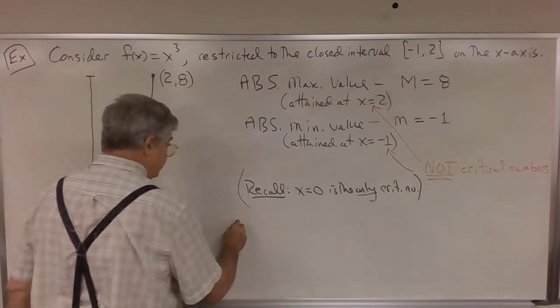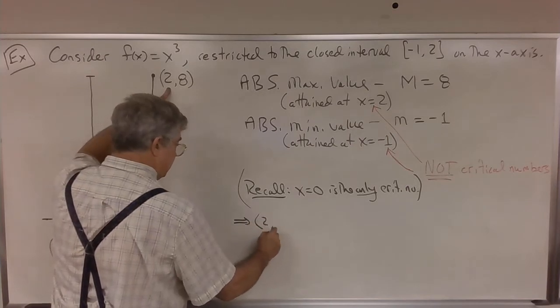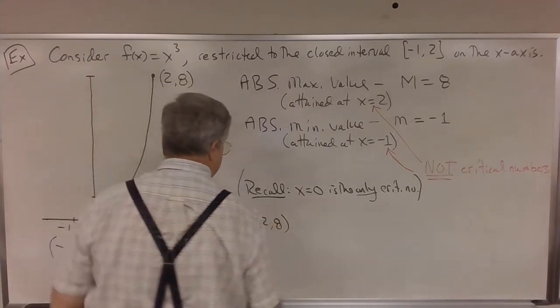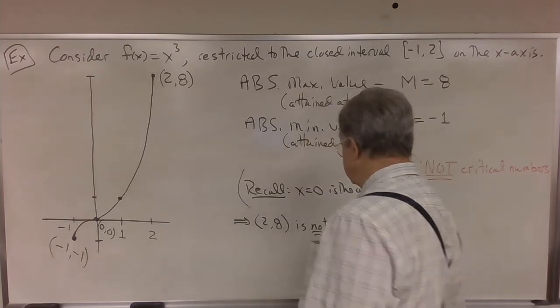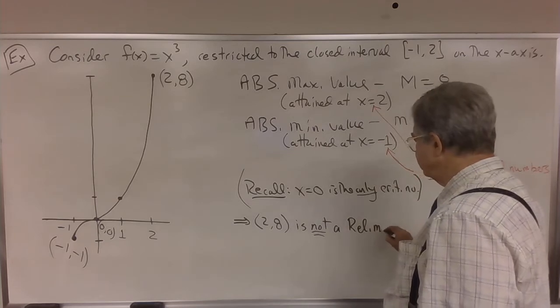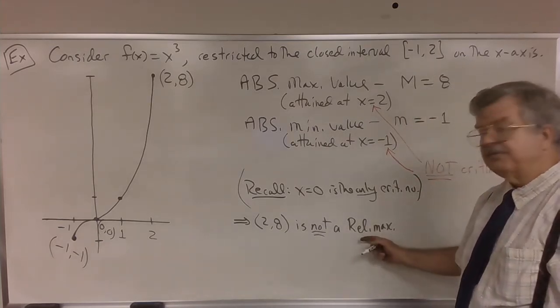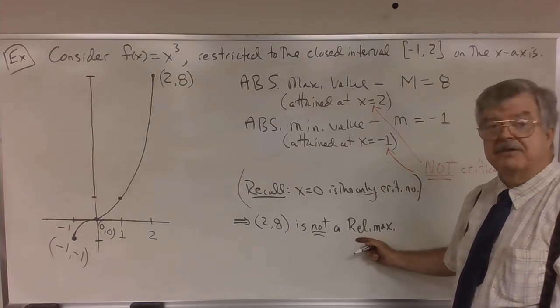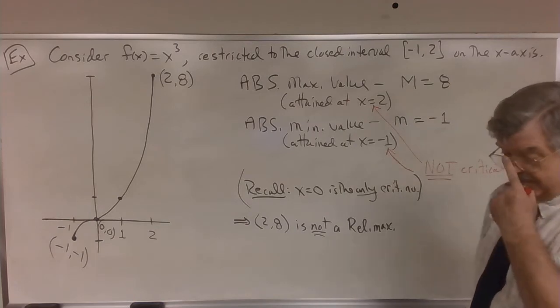And so that also means something else. The point 8 is not a relative max. Why? Because we only have relative maximums and minimums at a critical number, and this is not a critical number.